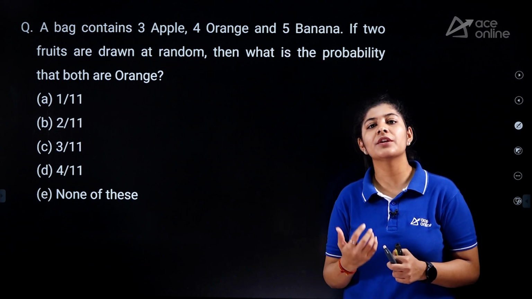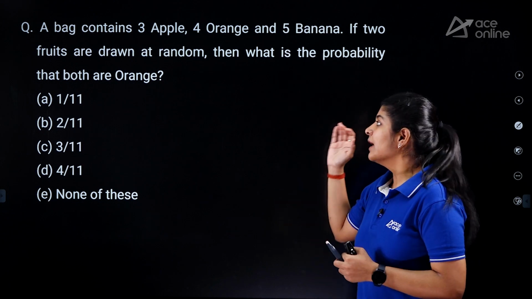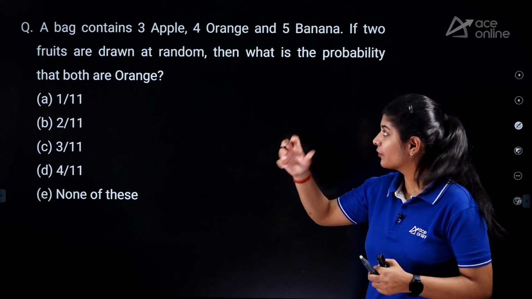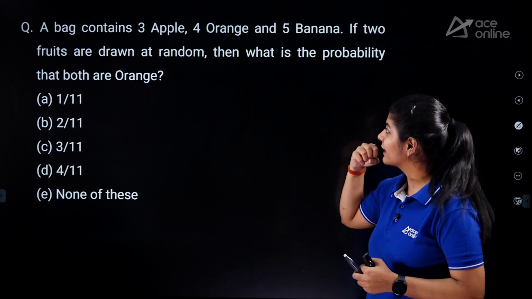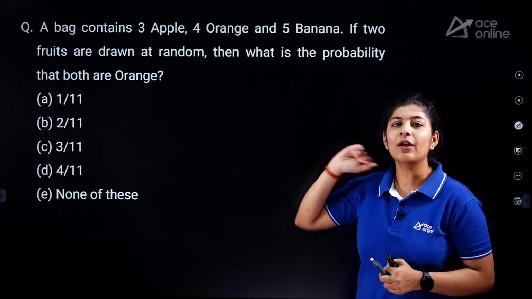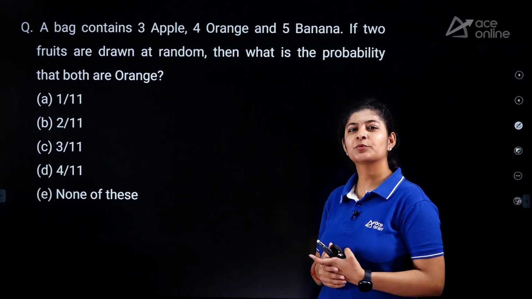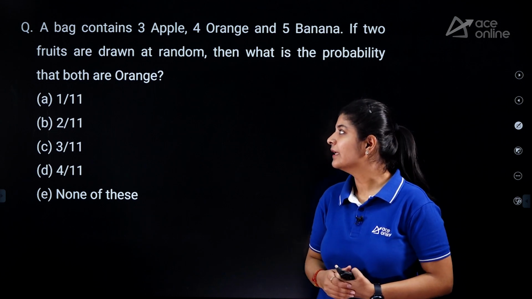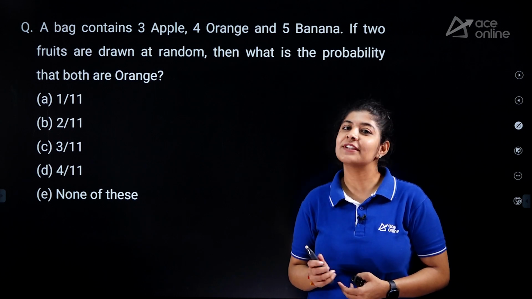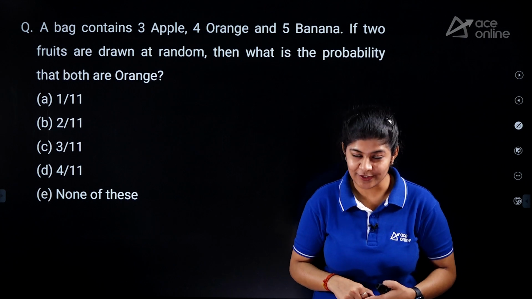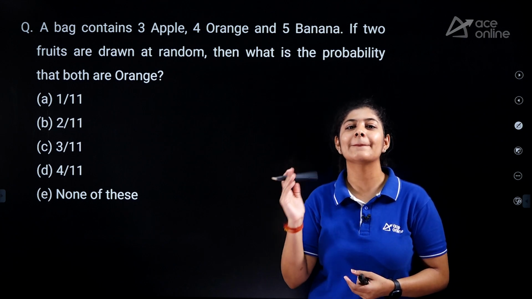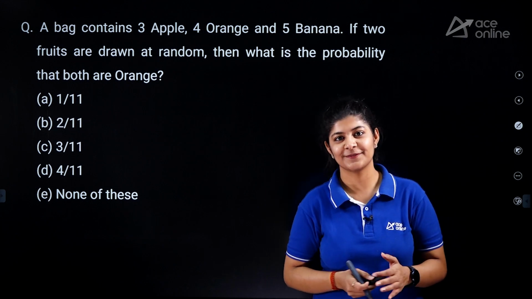What we need to do, we need to find out the probability that the both fruits that we are drawn from the basket or a bag that are orange, okay? So again, you are having, I guess, 20 seconds or maybe like, okay, 25 seconds are more than sufficient for this particular question. So what you have to do, you just simply have to solve the questions.